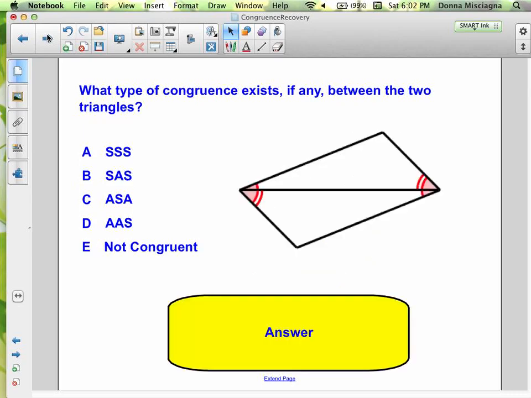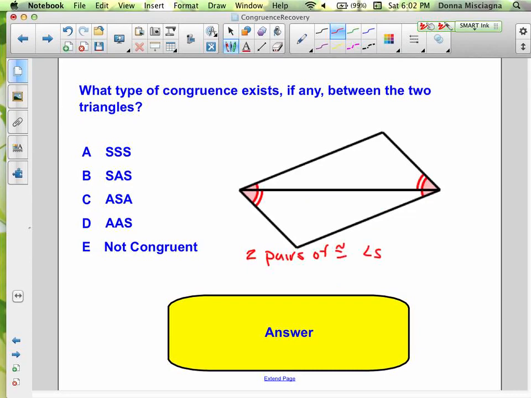All right, so what type of congruence, if any, exists between the two triangles? We have two pairs of congruent angles. Do we have anything else? All right, so notice they share this side. So we have one pair of congruent sides using the reflexive property.